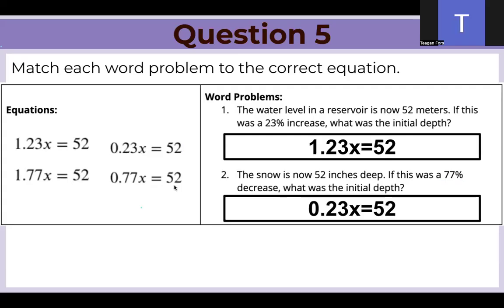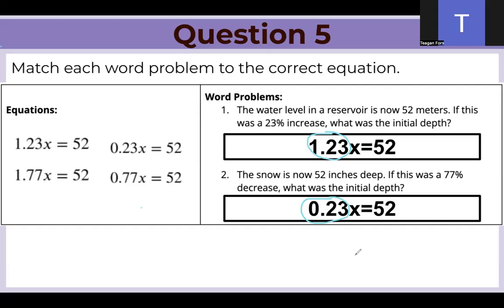And there's your answer. So something we are noticing when we do both of these problems is we have our percentage as a decimal in these problems. We see it right here in the first one, the 1.23, and we see it right here in the second one as 0.23. So we have a percentage represented as a decimal.